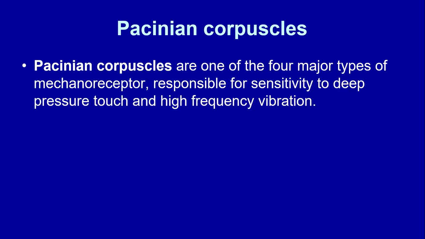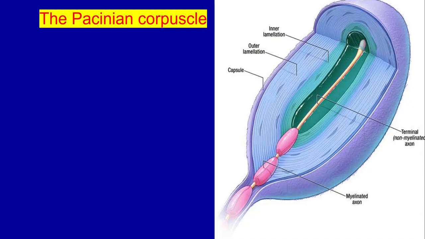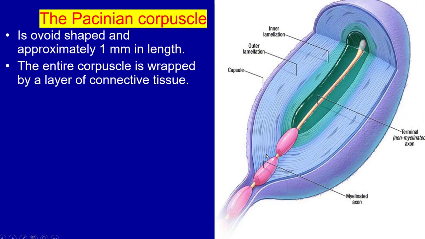Pacinian corpuscles. Pacinian corpuscles are one of the four major types of mechanoreceptor responsible for sensitivity to deep pressure, touch, and high frequency vibrations. The structure of the Pacinian corpuscle is ovoid shaped and approximately 1 millimeter in length. The entire corpuscle is walled by a layer of connective tissue.